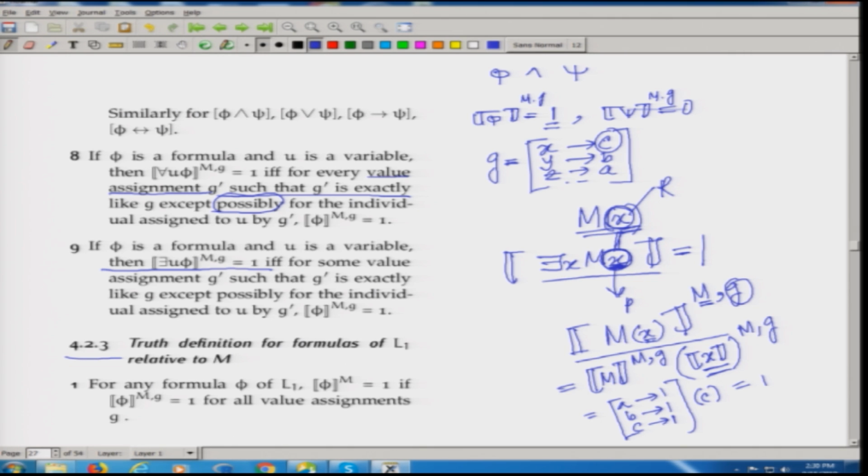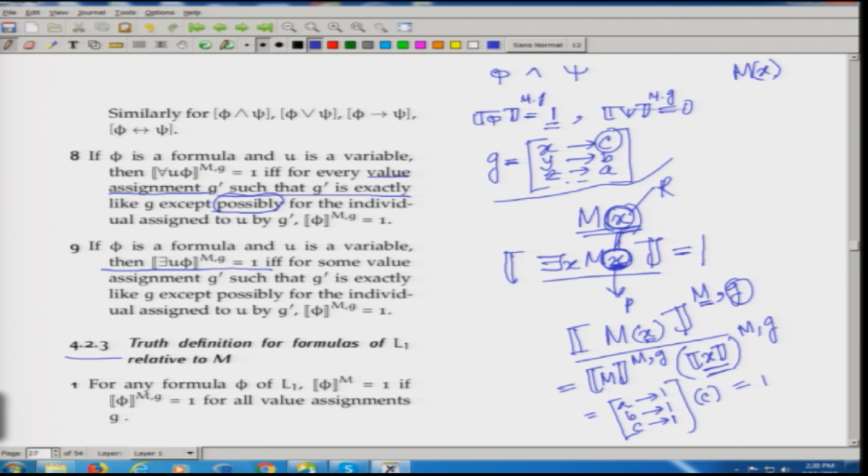There are different g's. So, the initial g looks like this. Then what is g prime? You consider the relevant varying variable, the active variable. Suppose we are talking about Mx. So, our active variable or the varying real variable is x.